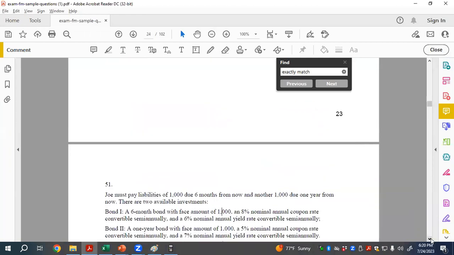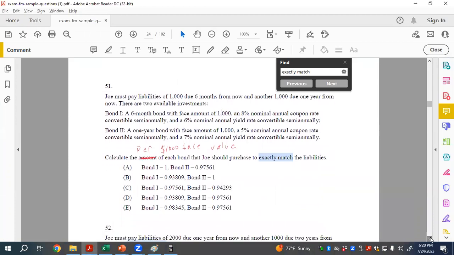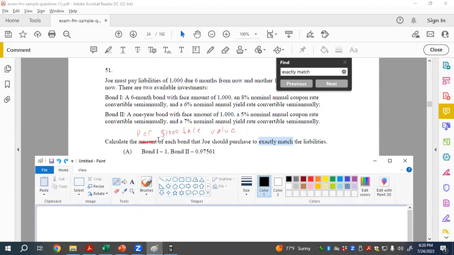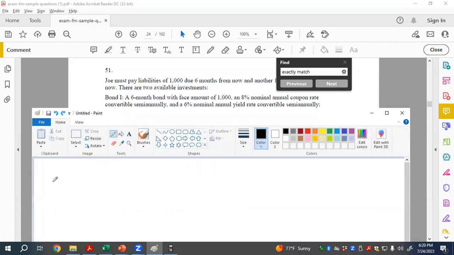Okay, so let's start with bond one. It's more efficient to really start off with bond two, but I'll explain why in a second. It's the same reason as in the previous matching liabilities example.